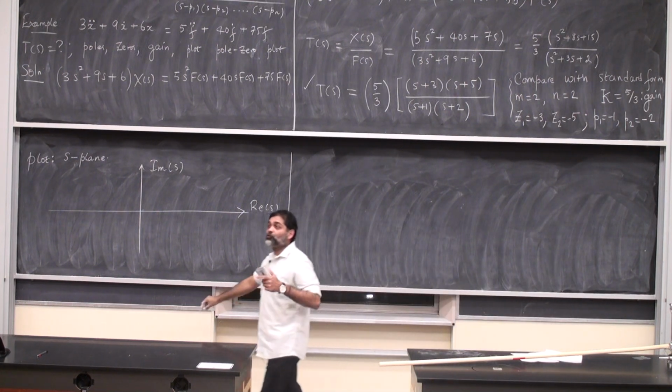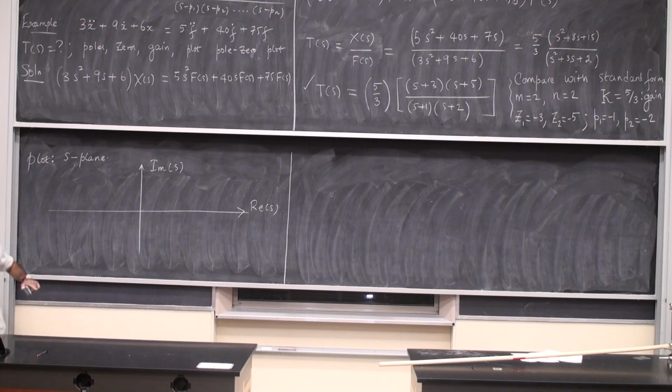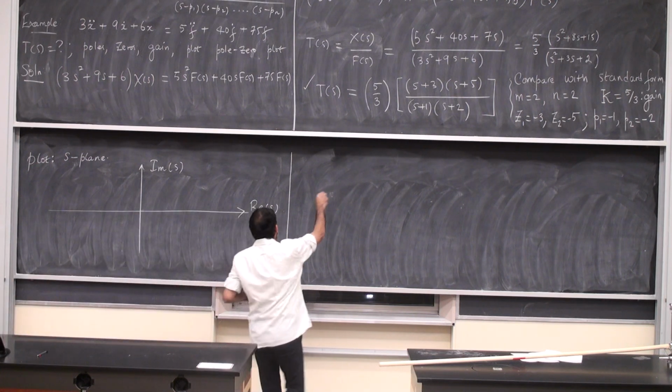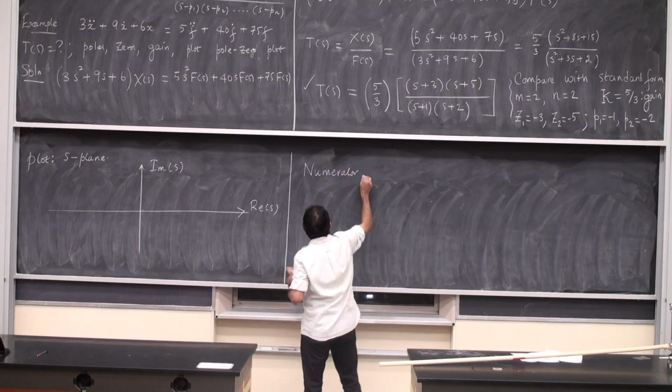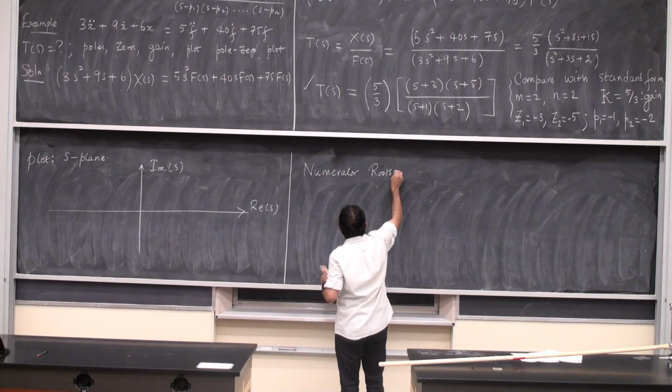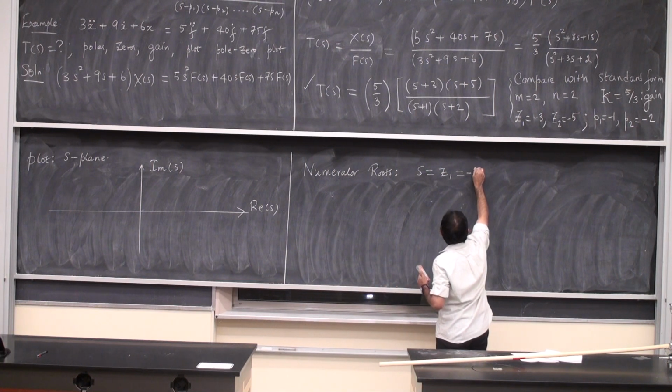Look at Z1, look at Z2. Those are essentially the roots of the numerator. S is equal to Z1 is minus 3.